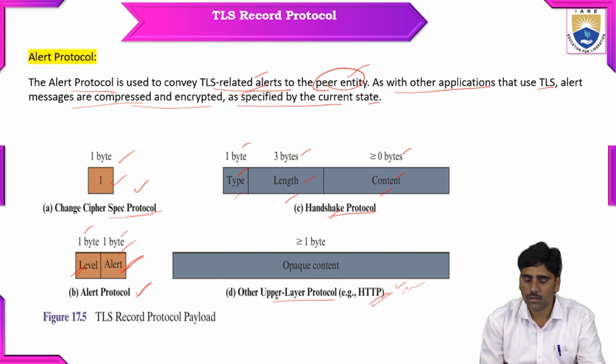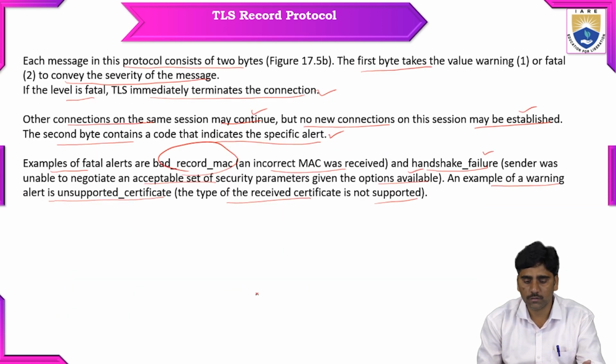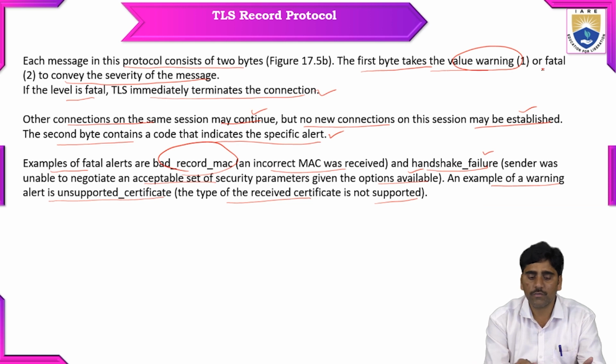And the fourth one is other protocols such as HTTP or SMTP, which have opaque content of length greater than or equal to 1 byte.